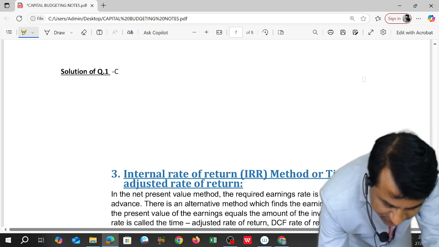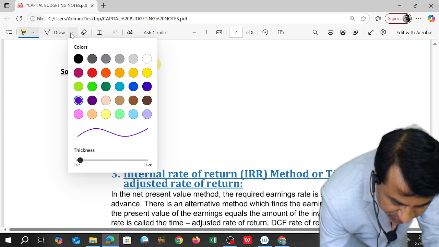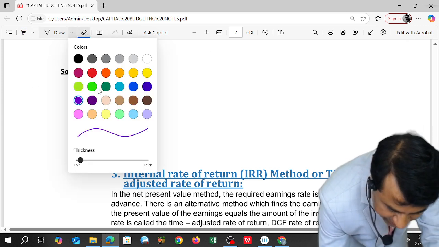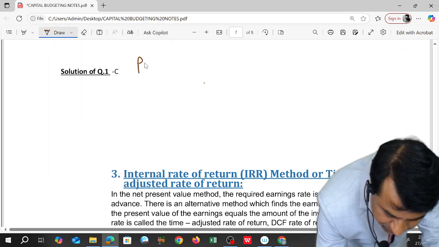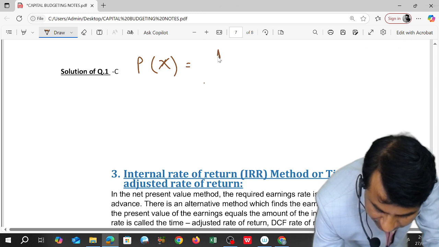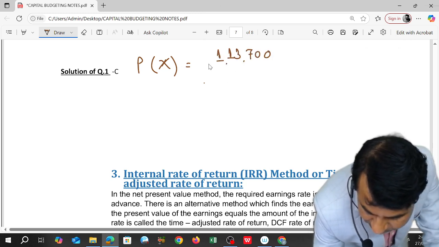So let's do it for project X. Project X I'm going to do first. This is project X. The formula is summation of discounted cash inflow, which is coming 1,13,700 for project X, divided by cash outflow or initial investment, 70,000.